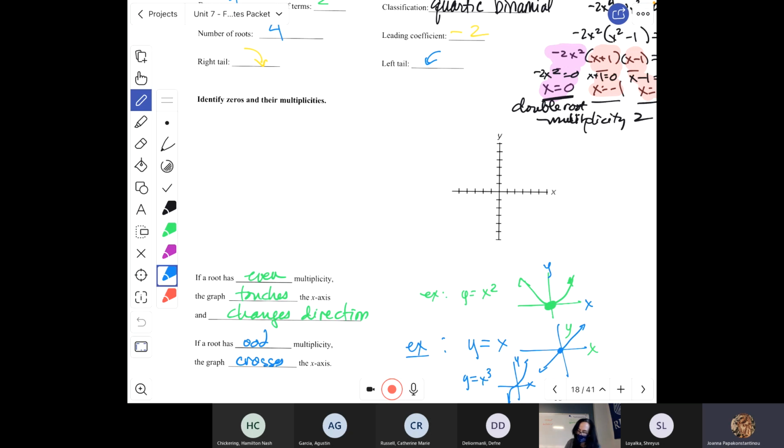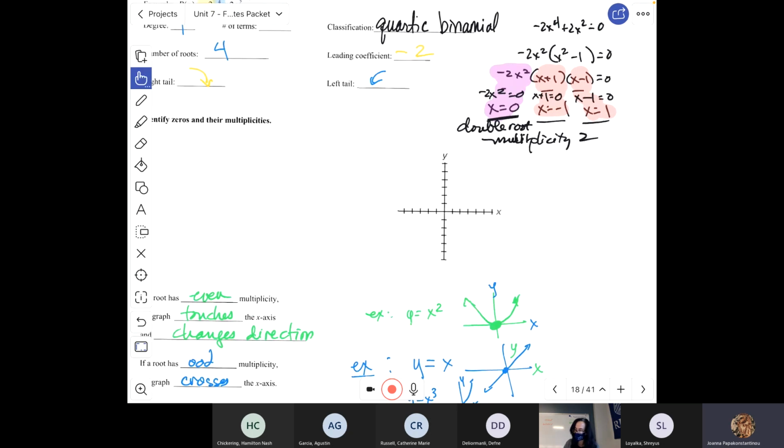So let's go back and talk about this a little bit more. I know where my roots are, so I know my intercepts, don't I? I have an intercept here. I have an intercept here. I have an intercept here. Are you with me?